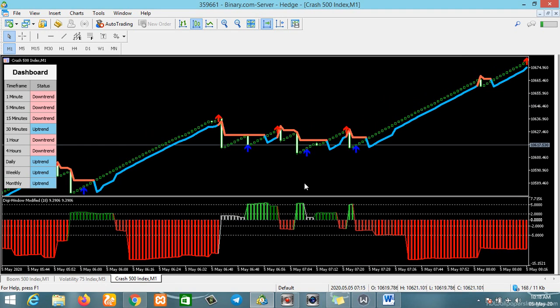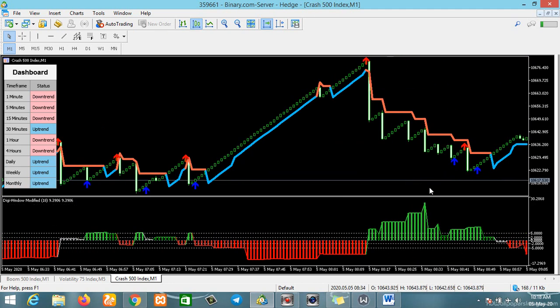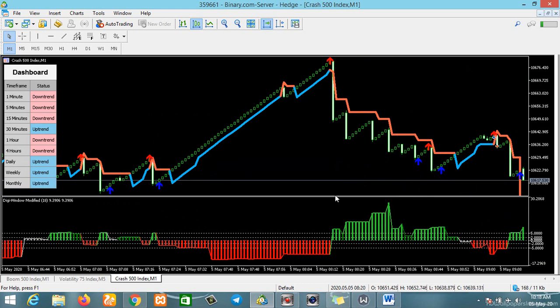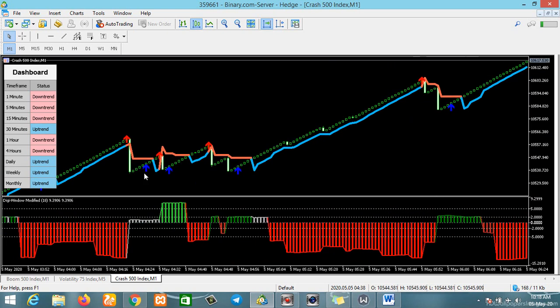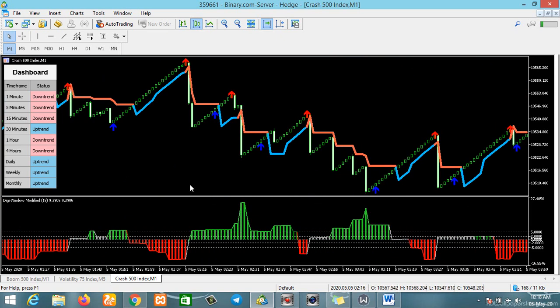You can see at some point it moves from green to dark green to ash and to dark red, but we have some instances as well where it moves from green directly to red. I hope I see some of them here.